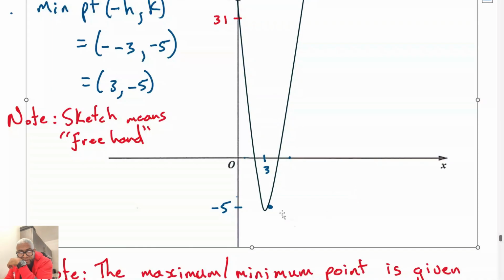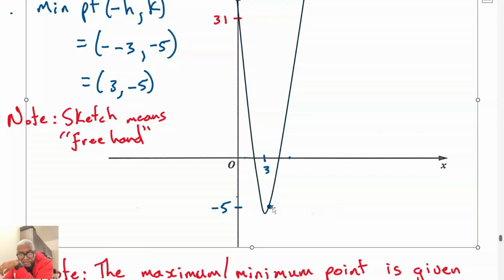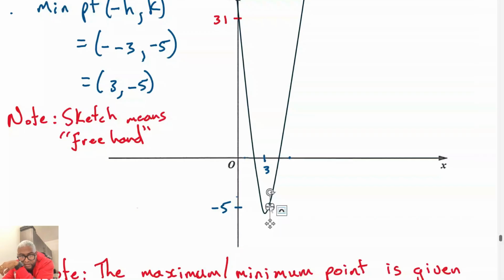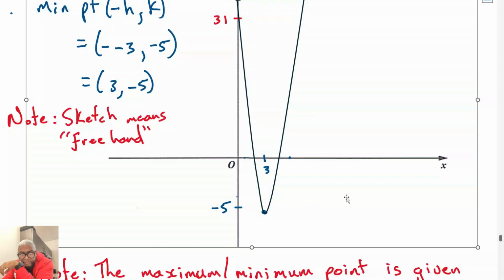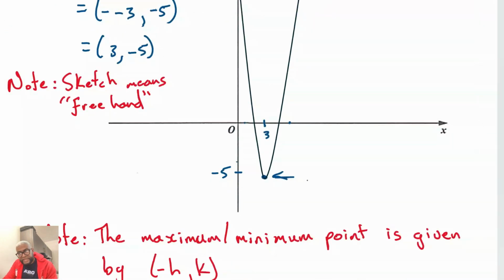Let me move this point because I wanted the curve to go through here. So this is your minimum point, which was 3, negative 5.